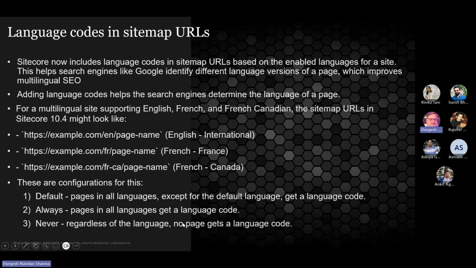Never means no language will be added in the sitemap URL. We could do this in previous versions also, but we had to code a little bit for this. But in Sitecore 10.4, it can be done automatically.